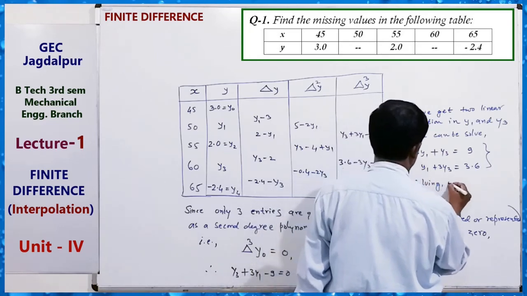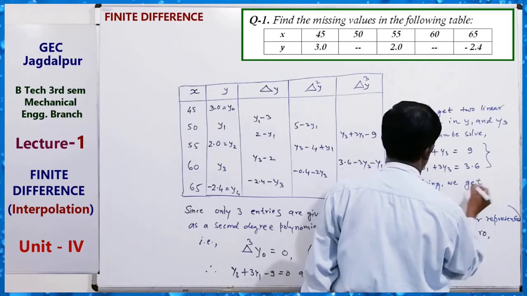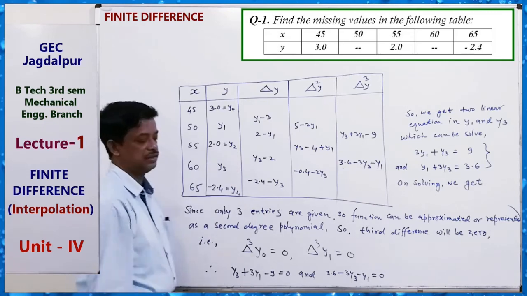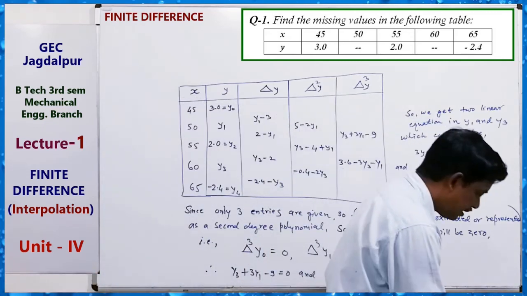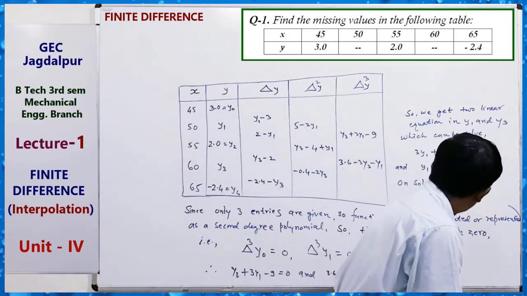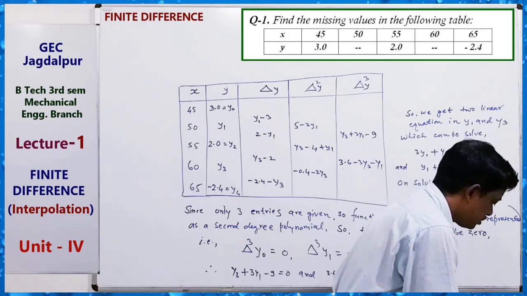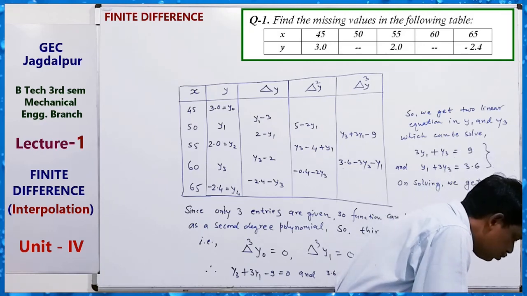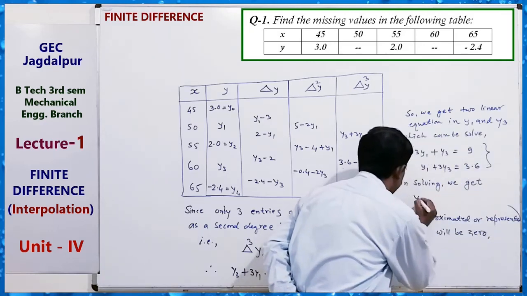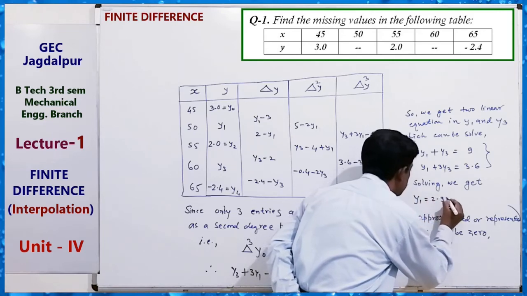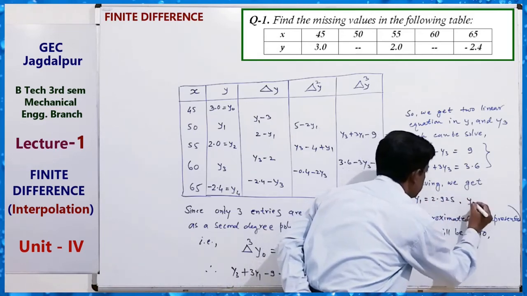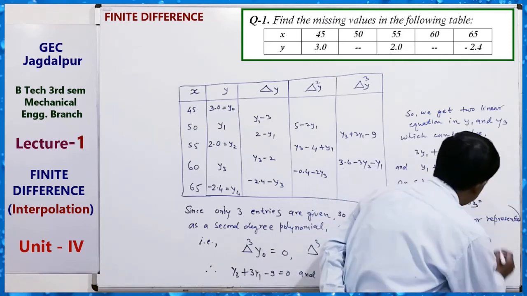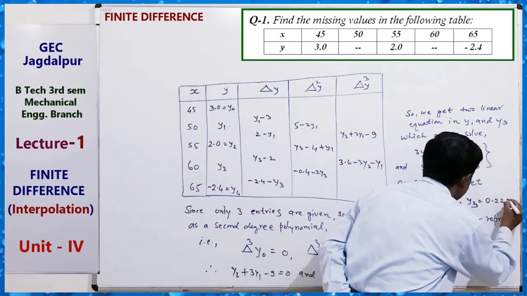On solving, we get y1 equals 2.925, and y3 equals 0.225.